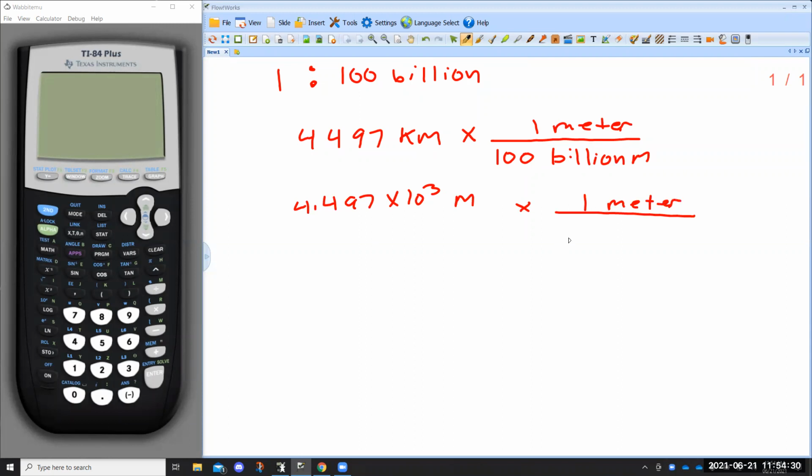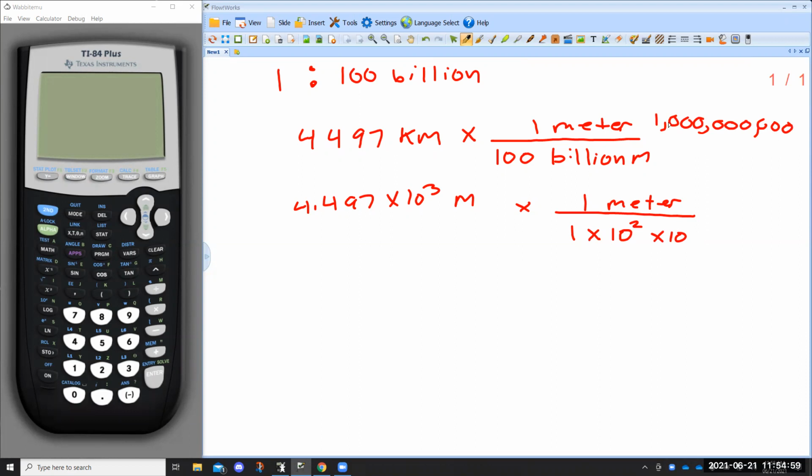And this is going to be 1 times 10 to the second, times 10 to the, now billions, so units, thousands, millions, right?